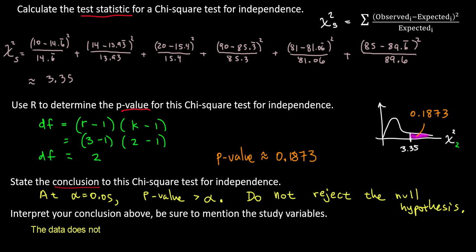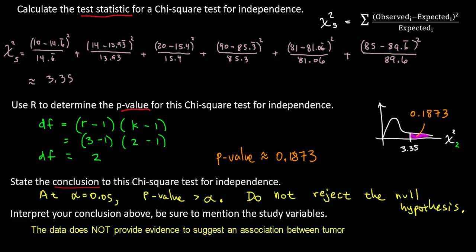Because we are not rejecting the null hypothesis, the data does not provide evidence for the alternative hypothesis, which states that there is an association between our two variables, the tumor incidence and the carcinogen dosage.